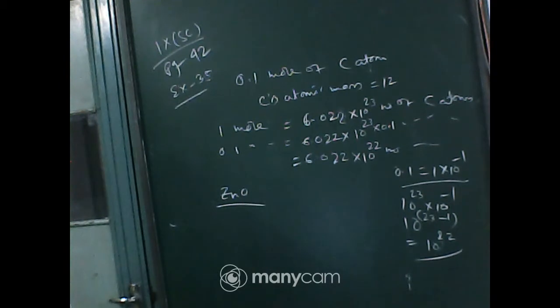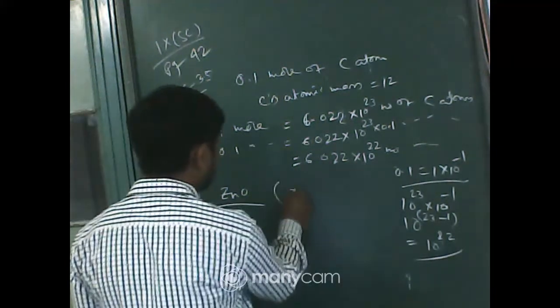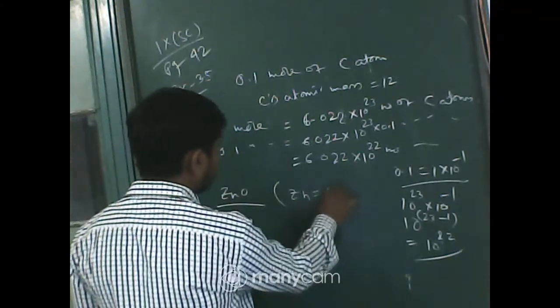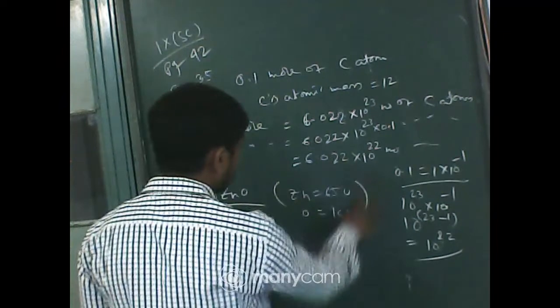Tell me quickly about this. Okay, for your help, zinc equal to 65 U and oxygen equal to 16 U.